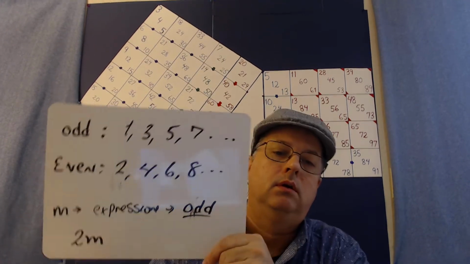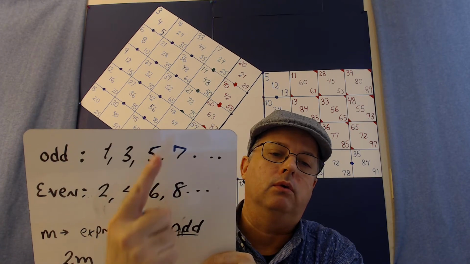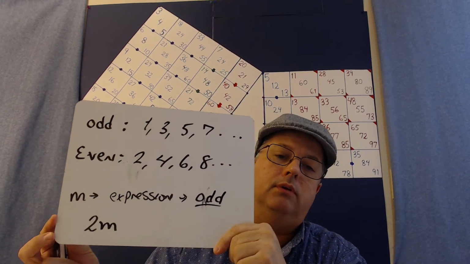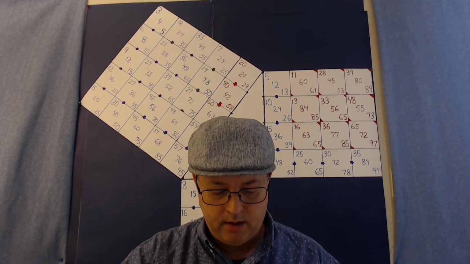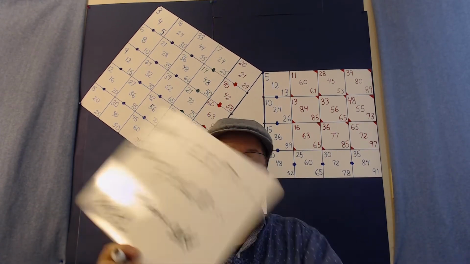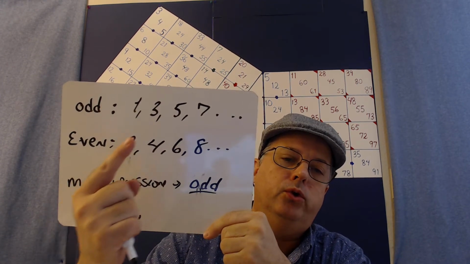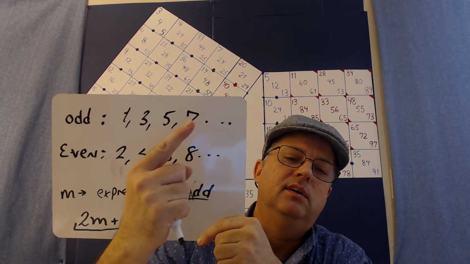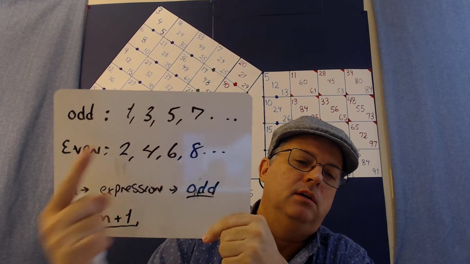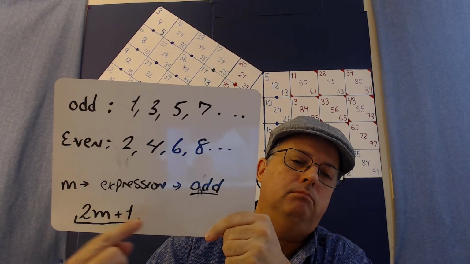And so now, after every even number, you've got an odd number. And so the way to guarantee that you create an odd number is to say 2m plus 1. So now, no matter what m value you use, say 7, 2 times 7 is 14, plus 1 is 15.